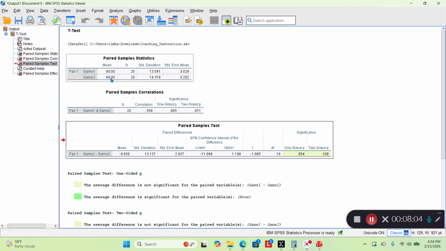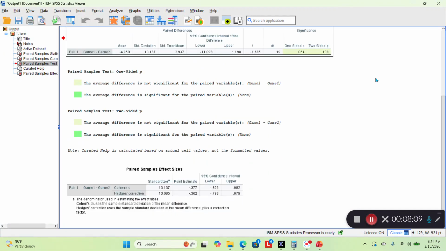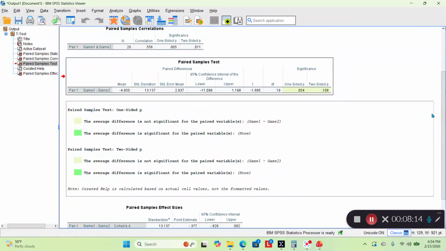So even though it's only a nearly 5-point average, 4.95 difference in the mean, when it comes to sports or anything that has a scaled score, that can be a big deal. That can be the difference between winning and losing. That can be the difference between making the team and not making the team. That can be the difference between winning a championship and losing a championship. Okay, so that is a big difference. That can be a difference between making the league team or not making the league team.